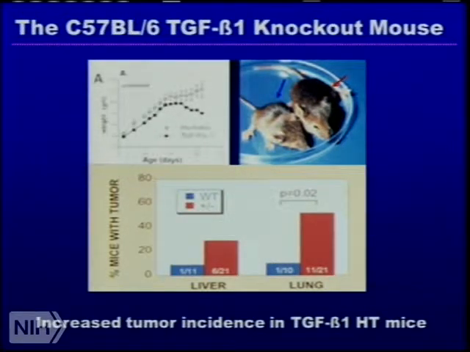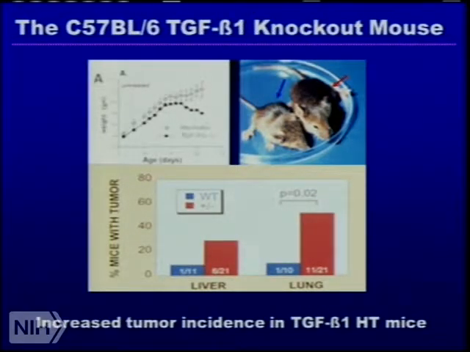But the TGF-beta1 heterozygous mouse seems to thrive and reproduce and has no problems. So we treated the TGF-beta1 heterozygous mouse with the carcinogen diethylnitrosamine to look at liver tumorigenesis initially.